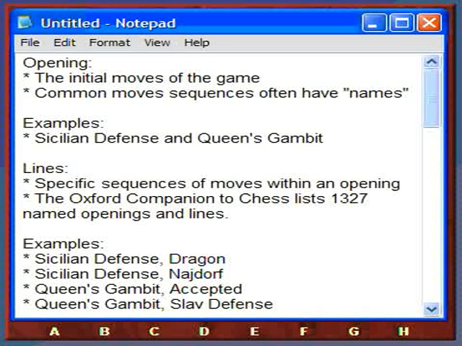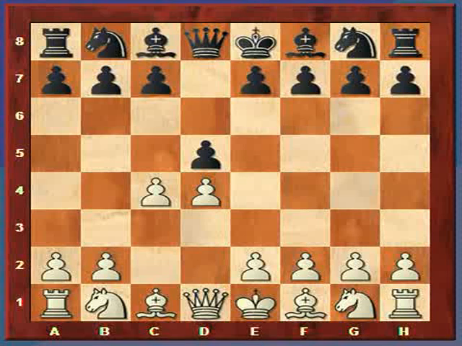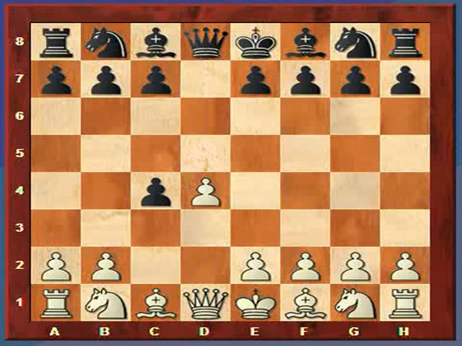If we go back to our board, I already have the Queen's Gambit up here. Now it's Black's turn to move. If Black were to capture this pawn, this would be the Queen's Gambit Accepted. So this is now a variation or line within the Queen's Gambit. Remember, we just back up a move. This is one option, and it's a named option.